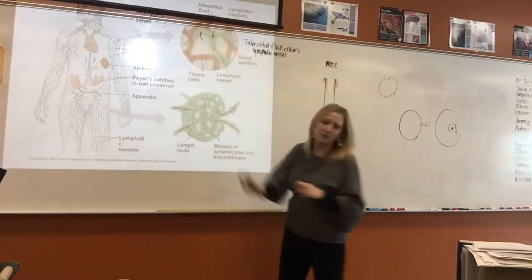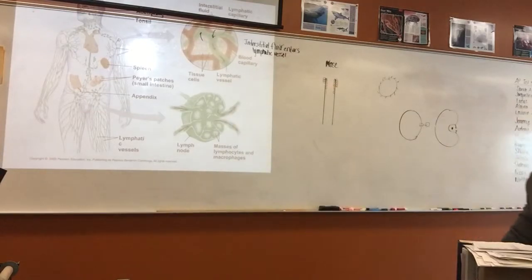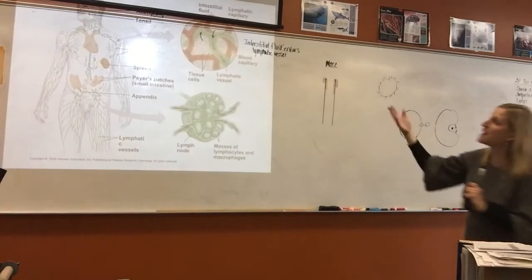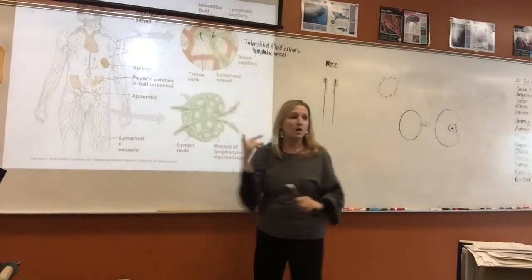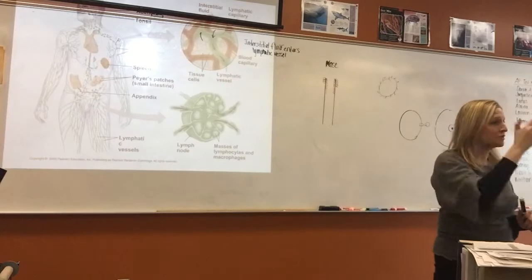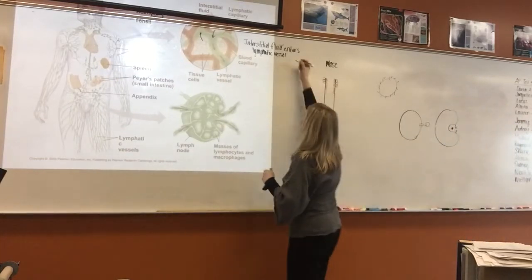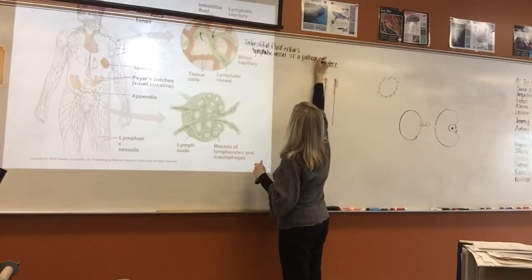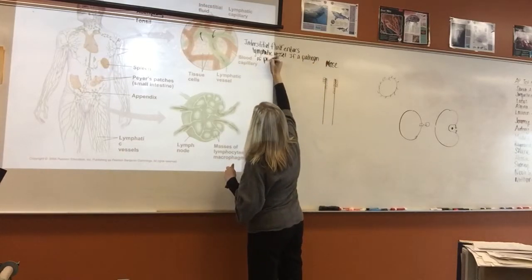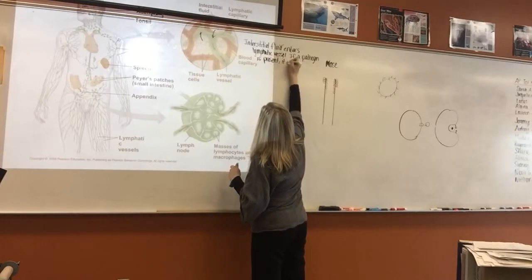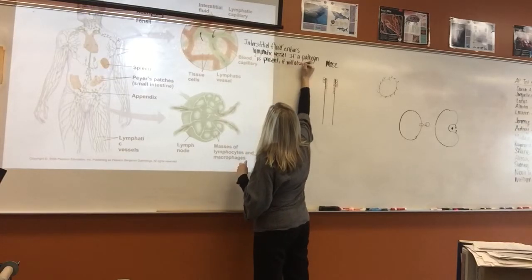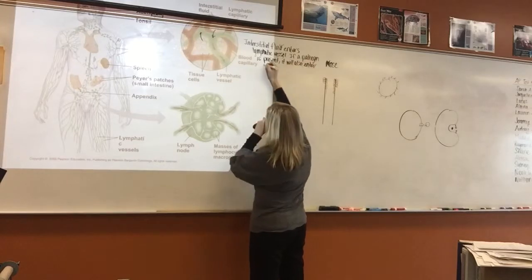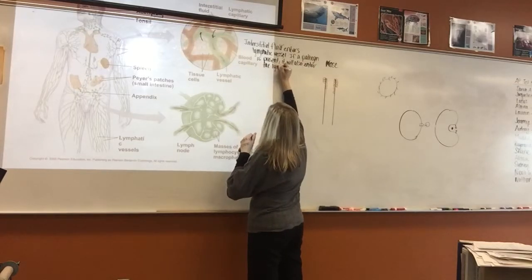Now the thing is, and how this relates to immunity, is that if you are invaded by a pathogen, so let's say a bacteria or virus, that bacteria or virus may be in that interstitial fluid. And so guess what? That pathogen can get into your lymphatic vessels as well. So if a pathogen is present, it will also enter the lymphatic vessel.